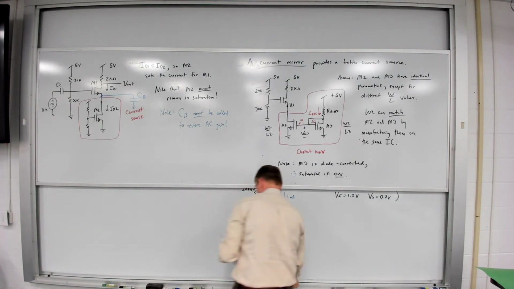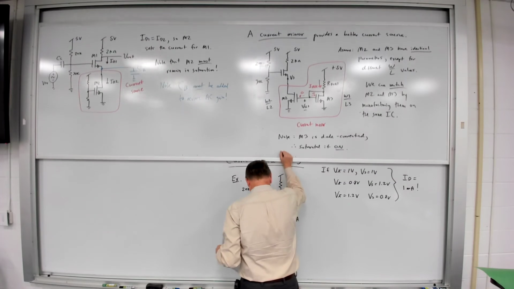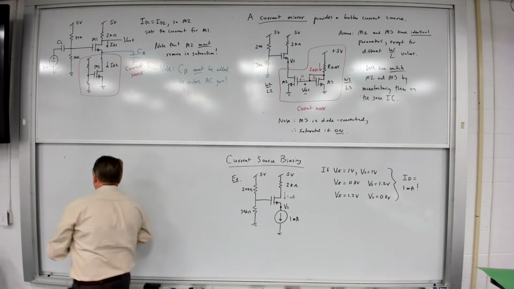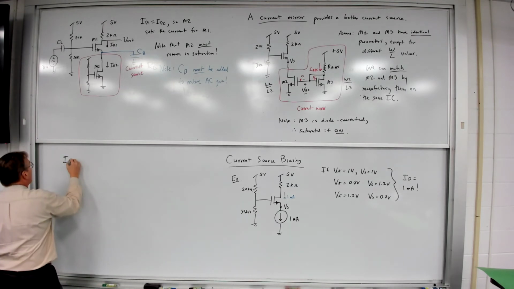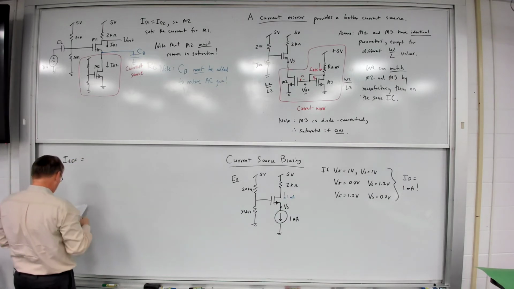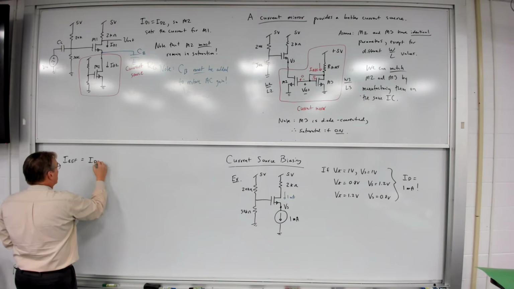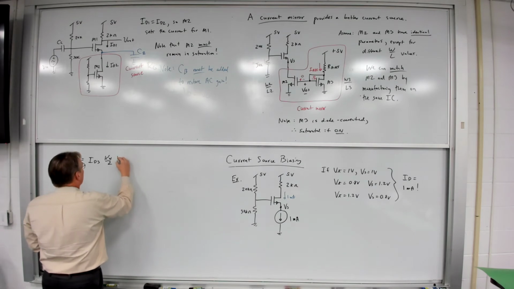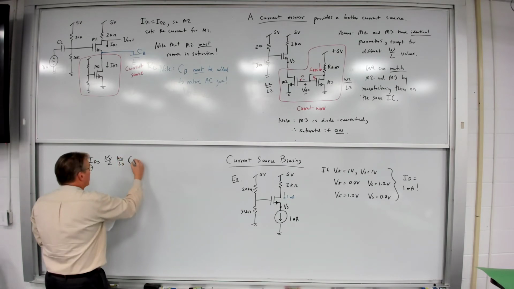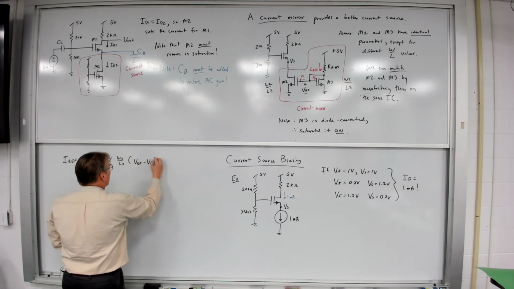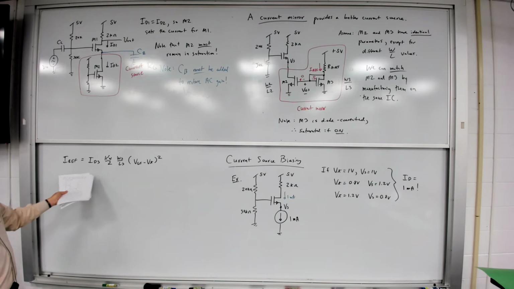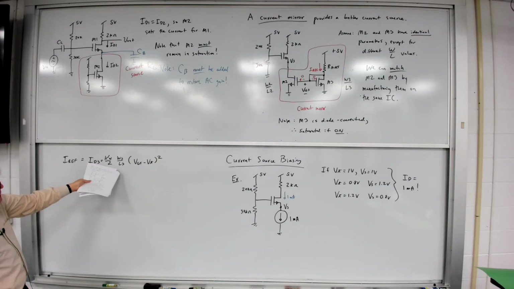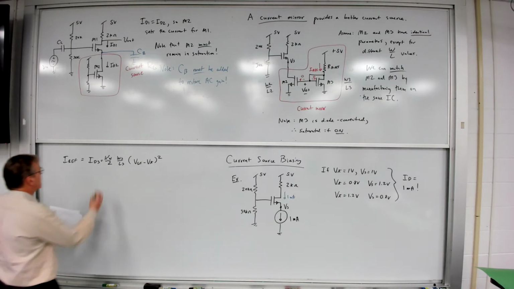So in this case, I know that Iref must be equal to ID3, which is equal to K prime N over 2 times W3 over L3 times (VGS minus VT) squared.